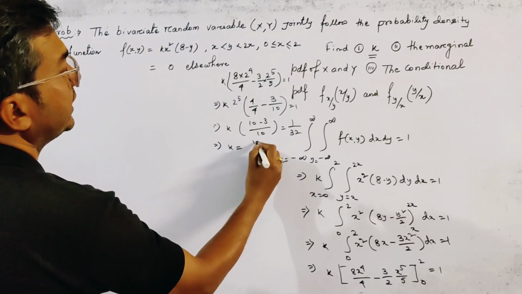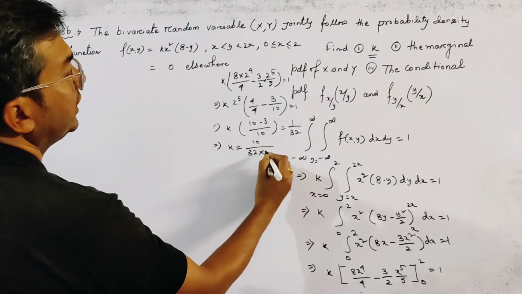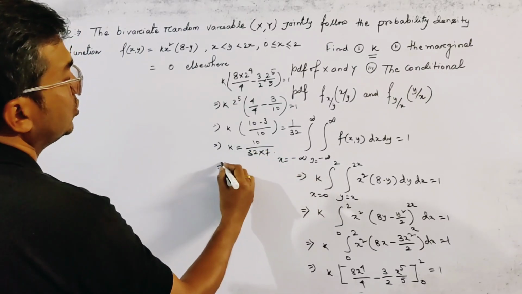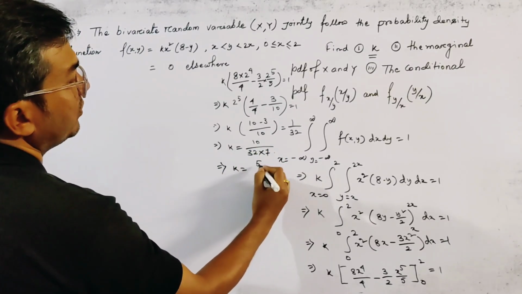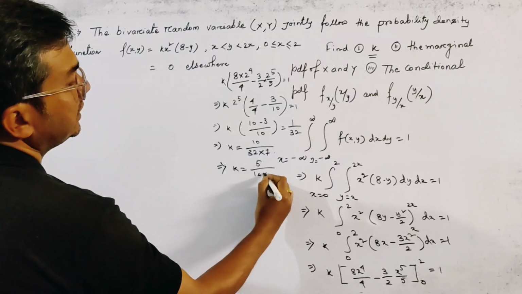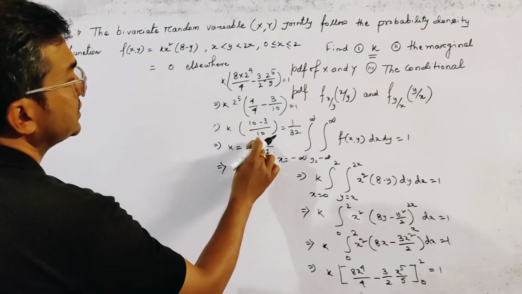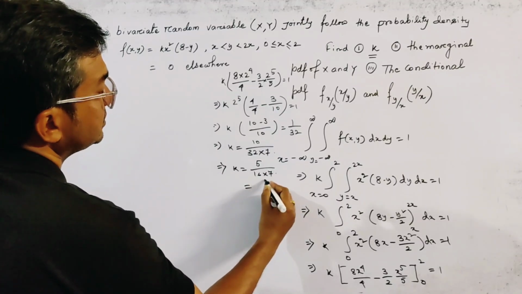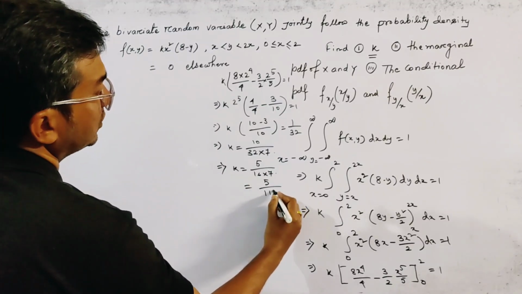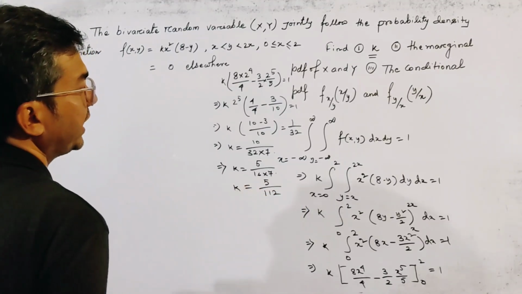So k equals 10/32 into 1/7, which gives 5/(16 into 7), which gives 5/112. This is the value of k.